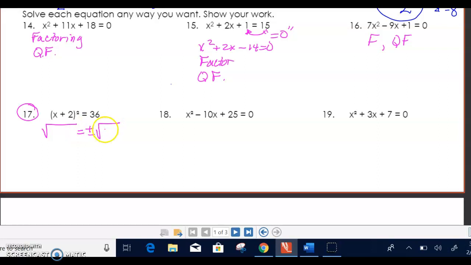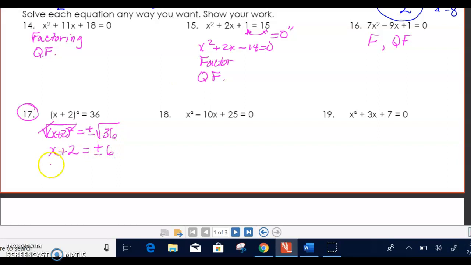Can't forget to put in my plus or minus. And when I square root the x plus 2 squared, remember square rooting the square causes it to cancel, and I'm just left with x plus 2. Nice. The right-hand side, square root of 36, is just 6. So I'm just left with plus or minus 6.